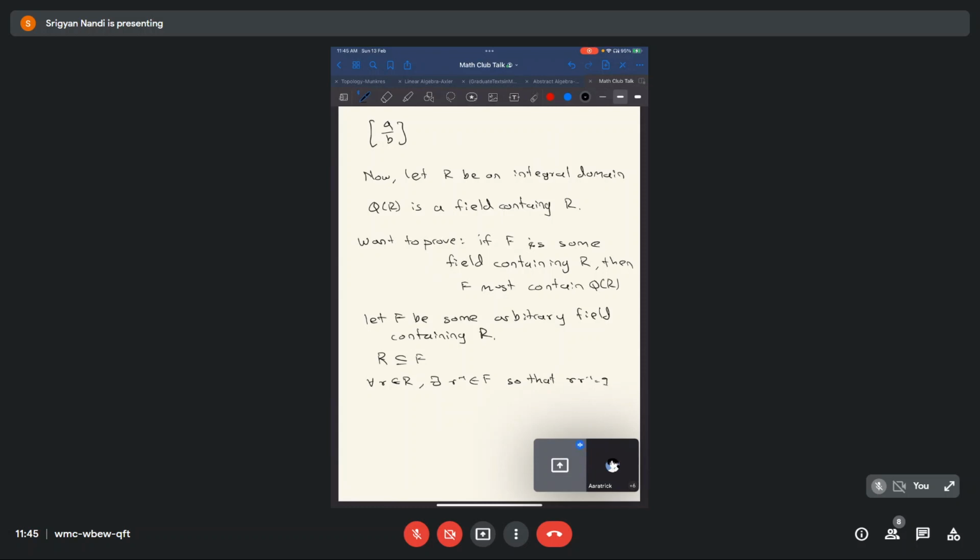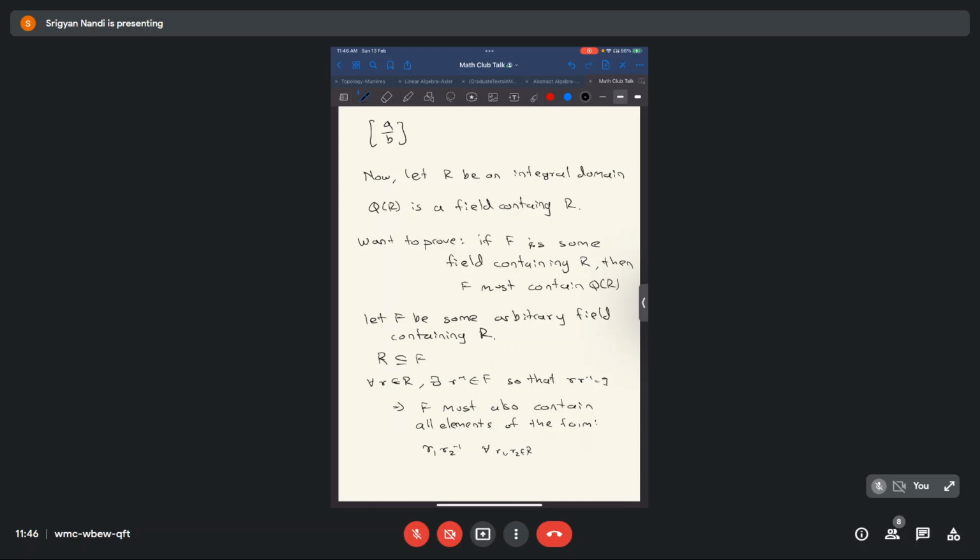Since r inverse also belongs to F, that implies that F must also contain all elements of the form r1 r2 inverse for all r1, r2 belonging to R. So is this part clear so far?